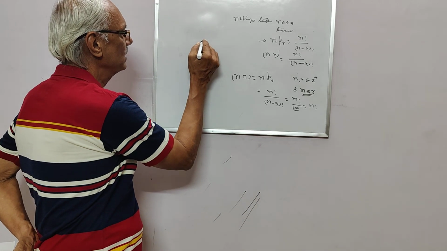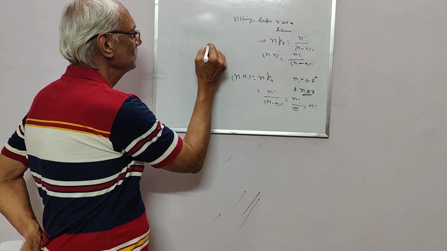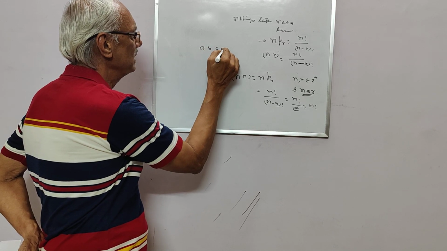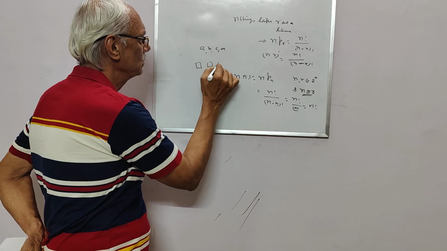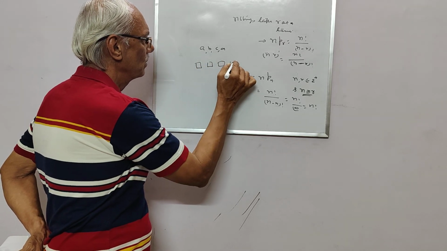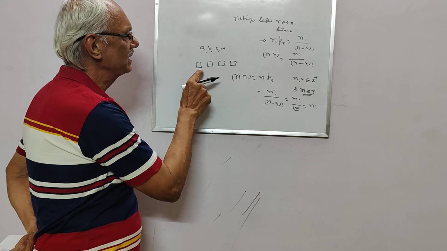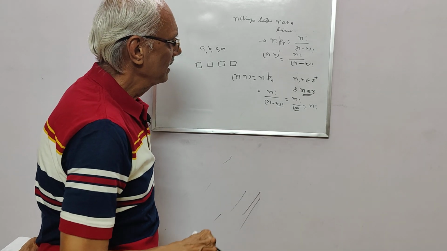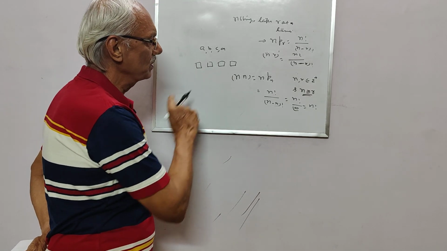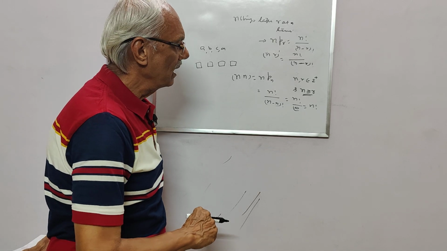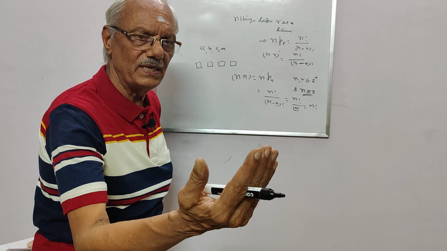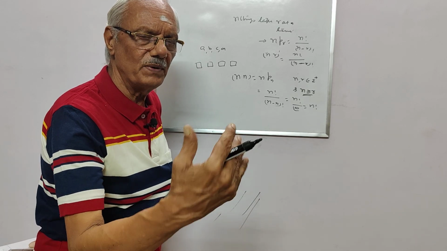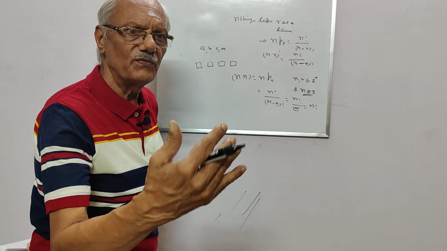You have got these places, A, B, C, D, 1, 2, 3, 4. Now you fill these places. 4 places are there, and you are going to fill the 4 places, an arrangement of 4 places with 4 things.